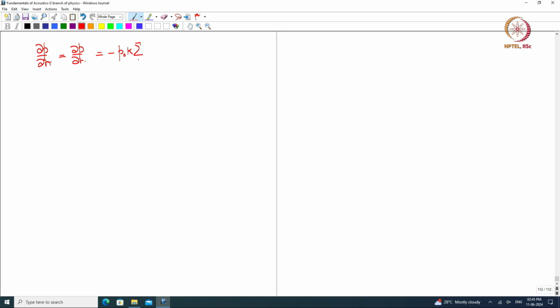I am using another index, minus 1 to the power s, 2s plus 1, j dash s k r, h s of k d into p s cos theta. This is the fourth bit.